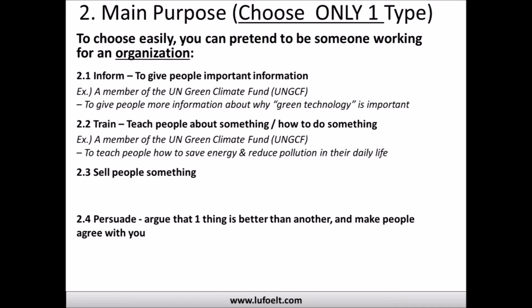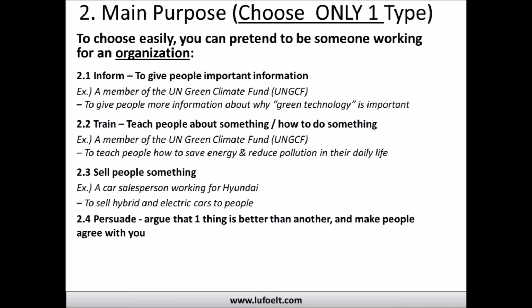So it's sort of the same topic, and I'm even choosing to pretend to work for the same organization. However, the presentation will be very different because the purpose is very different. It's not to inform, but now to train and teach people how to do something. So this is why I say that choosing your purpose from the beginning is very important. It helps to give you a very clear direction with your presentation.